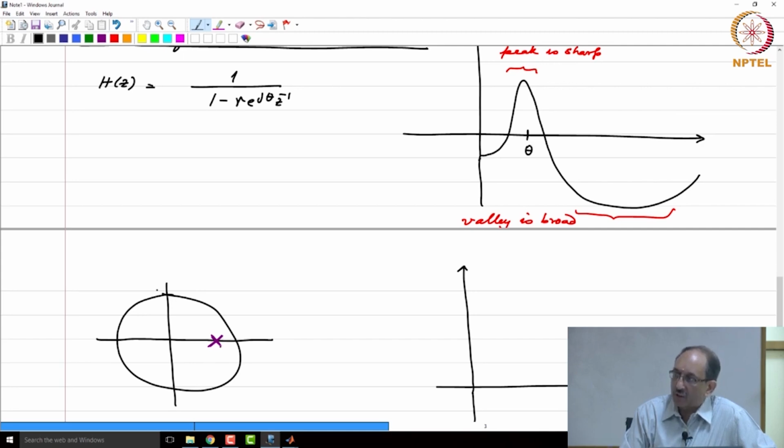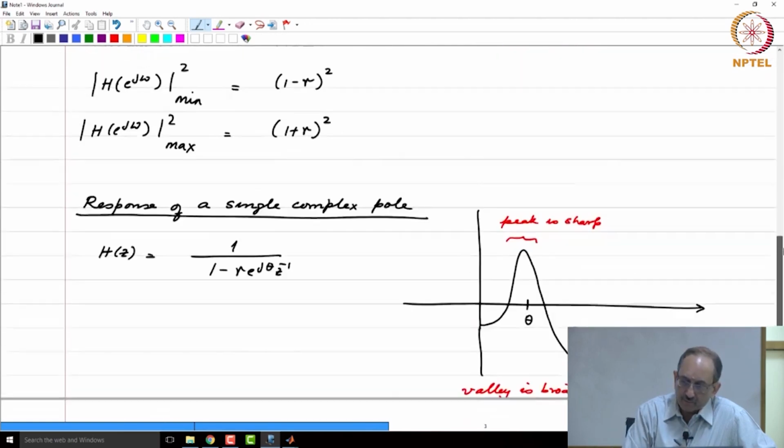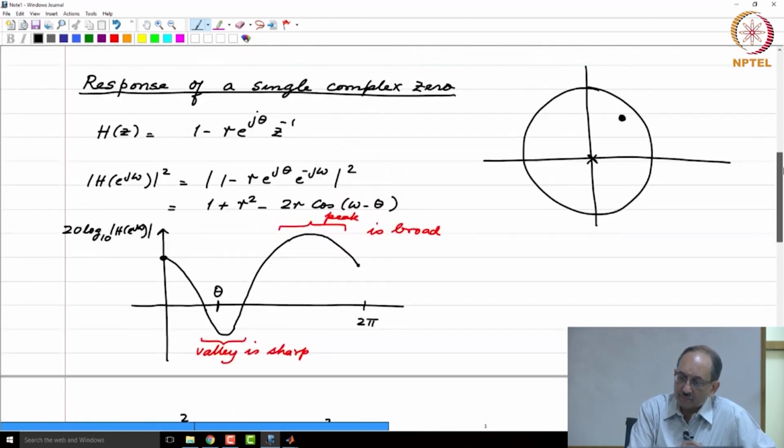Now, this corresponds to theta being 0, and hence if theta varies, if you look at this expression here, all that will do is shift this frequency response either to the left or to the right, because if you replace omega by omega minus theta, you are going to shift the response.